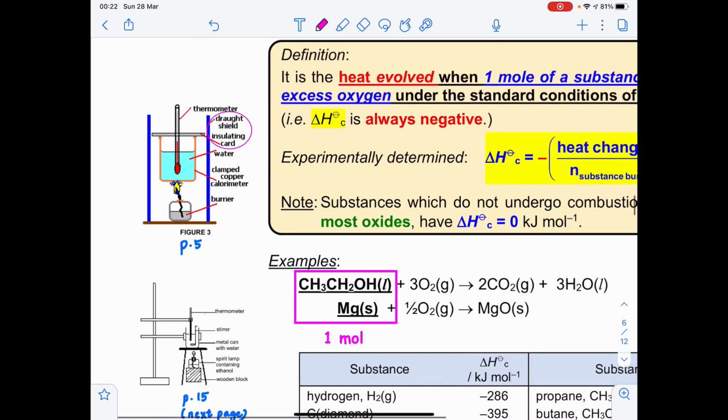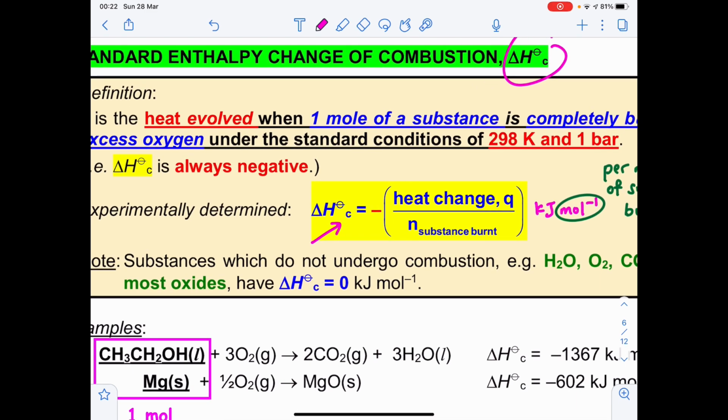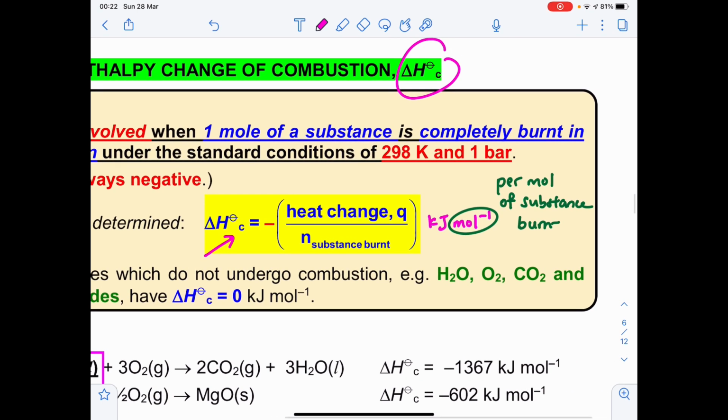After calculating Q, the enthalpy change of combustion can be obtained by this equation, which is equal to minus Q over the amount of substance burnt. The per mole in the units refers to per mole of substance burnt, based on the definition.